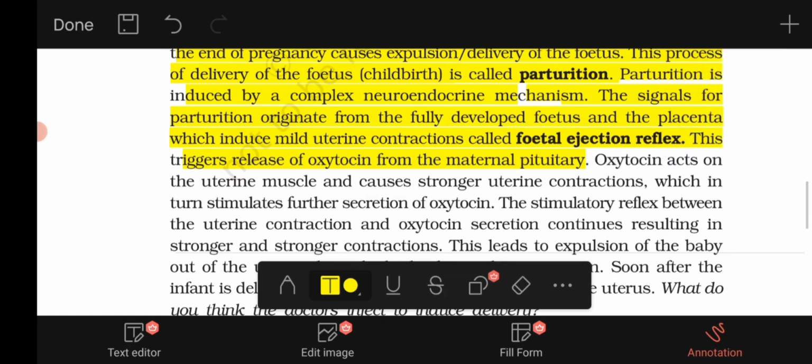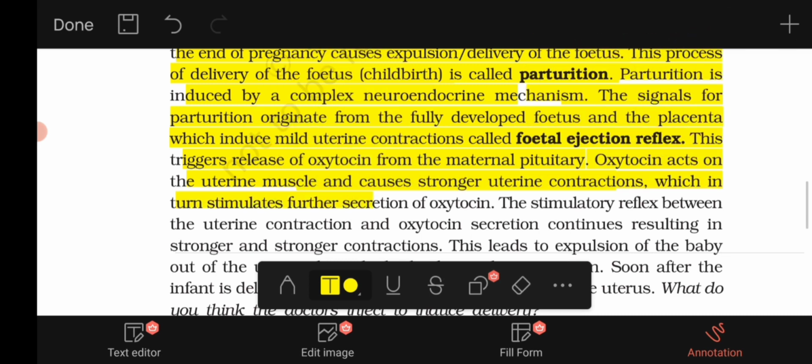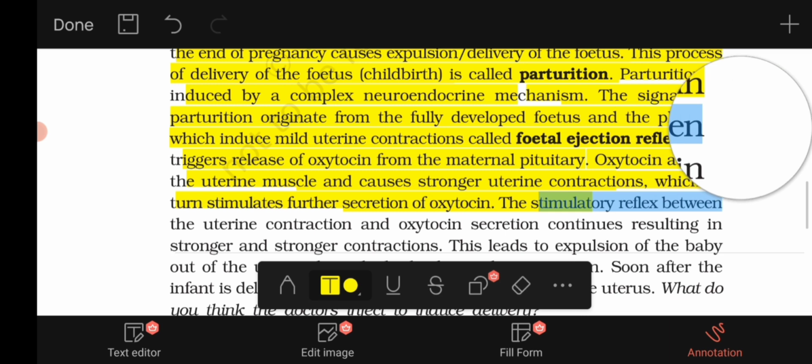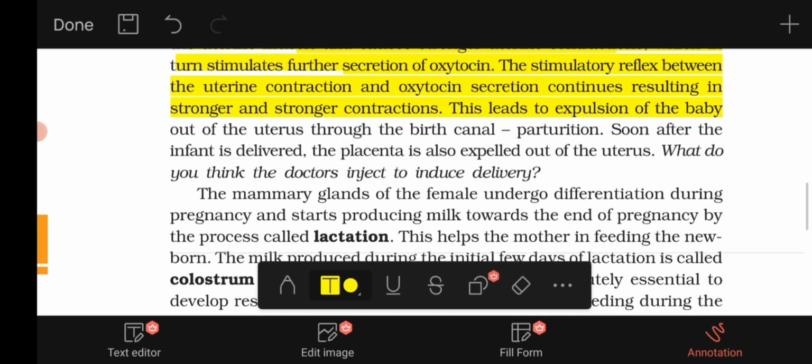This oxytocin acts on the smooth muscle layer of the uterus and causes strong uterine contractions, which in turn stimulate further secretion of oxytocin. This stimulatory reflex between uterine contraction and oxytocin secretion continues, resulting in stronger and stronger contractions and leading to expulsion of the baby out of the uterus through the birth canal, that is cervical canal plus vagina. Soon after the infant is delivered, the placenta is also expelled out of the uterus.